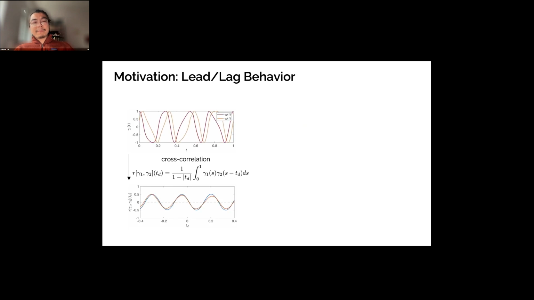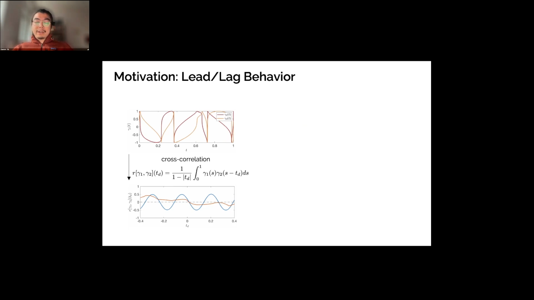So if I reparameterize, this original nice peak that we have here gets flattened out, and we can no longer detect this lead-lag behavior, even though it's still there. And the reason behind this is that the existence of lead-lag behavior is reparametrization invariant, whereas cross-correlation is dependent on this parametrization.